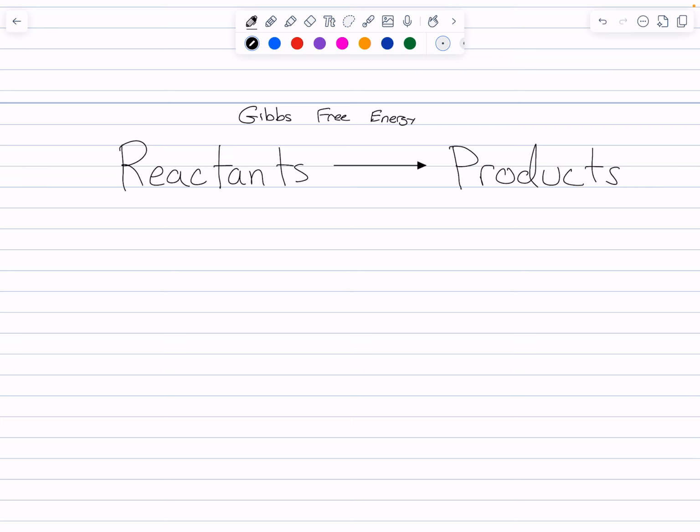Now, we already know that enthalpy is here. The reactants will have some enthalpy, and that's our heat content. Then the products will have some enthalpy too.